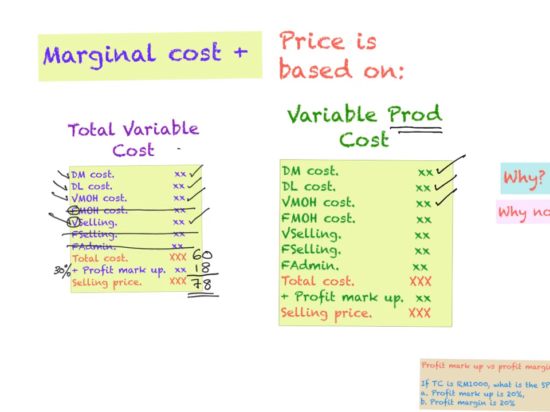Direct labor cost, again, yes. Variable manufacturing overhead, yes. Fixed manufacturing? No. This is not variable. Variable selling? No, because this is not the production cost. Fixed selling? Definitely no. Fixed admin? Definitely no. So as you can see, we only focus on these three costs only, which are direct material cost, direct labor cost, and variable manufacturing overhead cost.